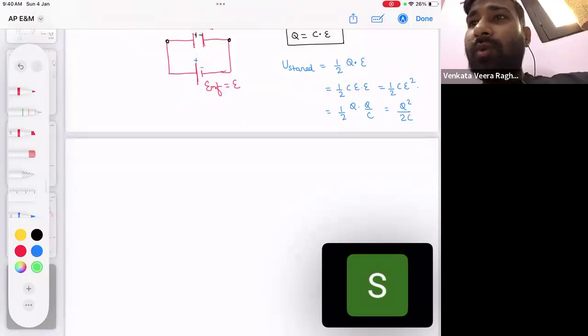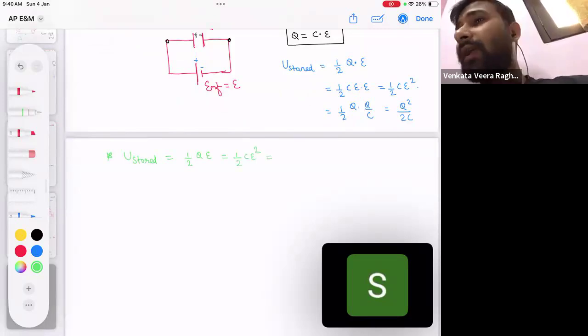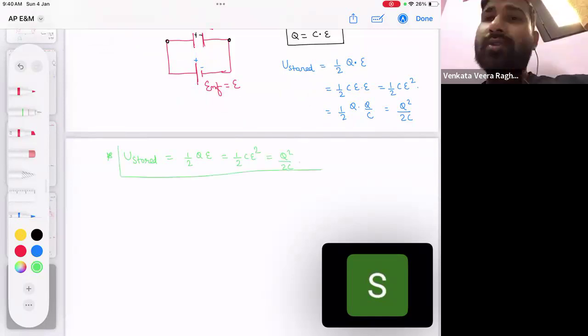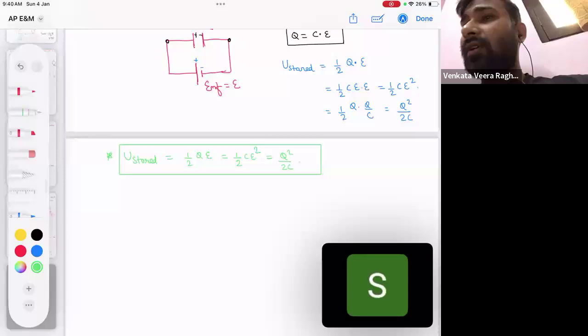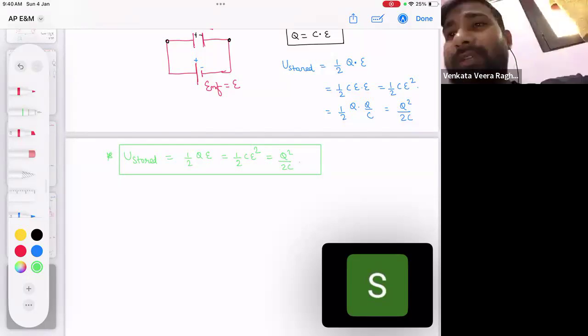So if you want to write the energy stored in a capacitor, you can use these three: half Q into potential difference, or half C into potential difference square, or Q square by 2C. So when should I use which one? That depends on the question situation, what is given to us. Let's say in the question the charge on the capacitor is given as well as the potential difference.